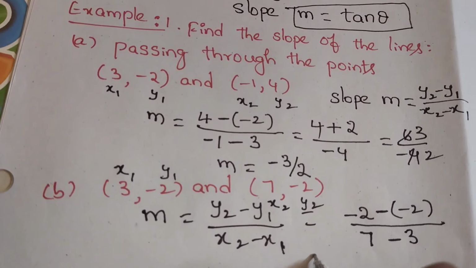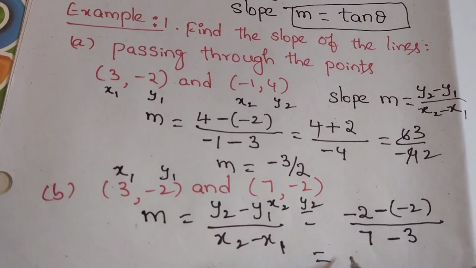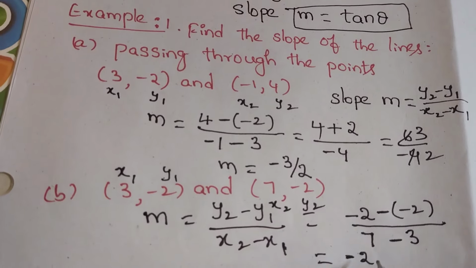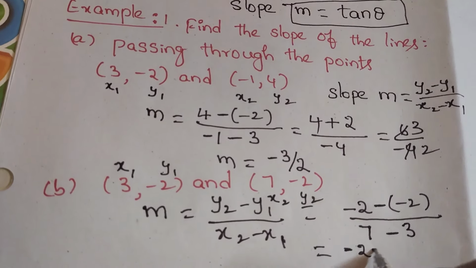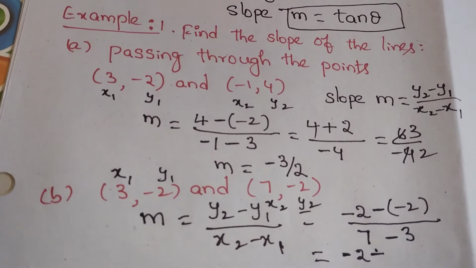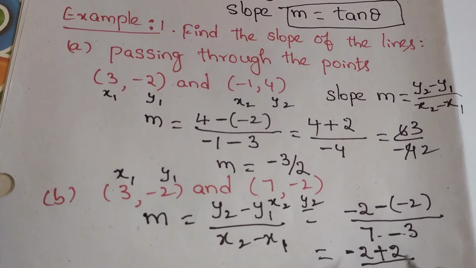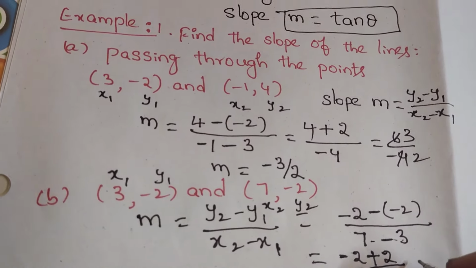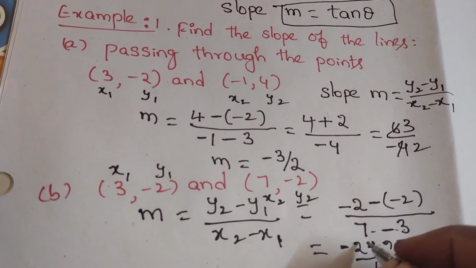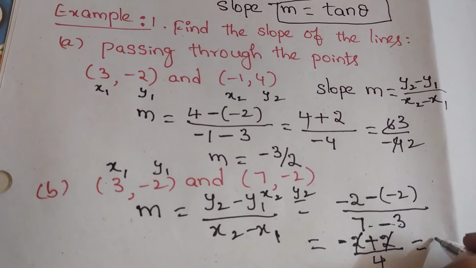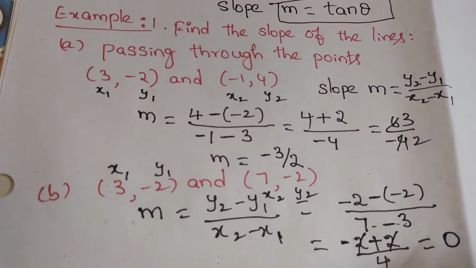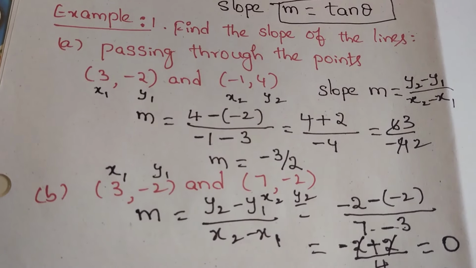So minus 2, remove the bracket, minus into minus is plus 2, divided by 7 minus 3, which is 4. So minus 2 plus 2 is 0. So 0 by anything is 0. The slope of this line is 0.